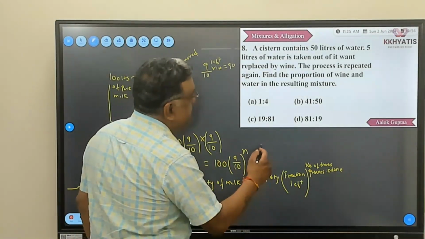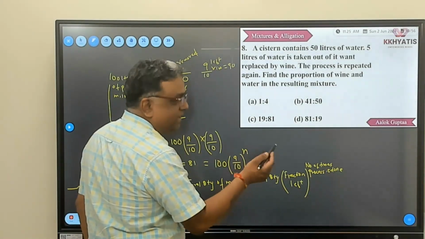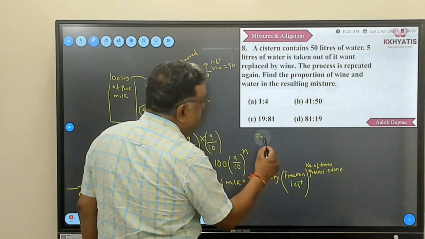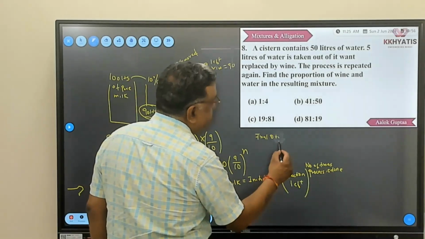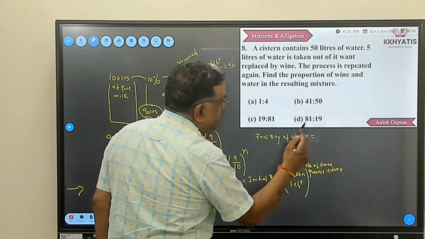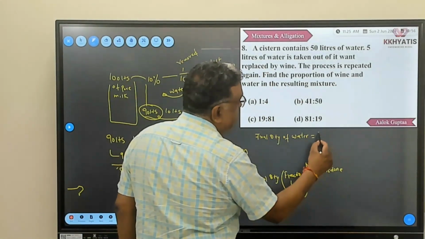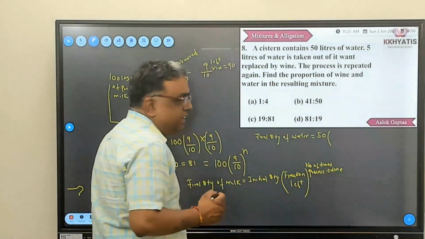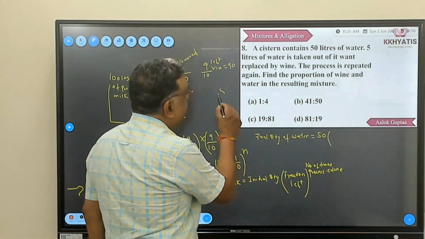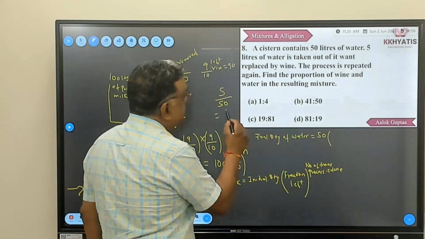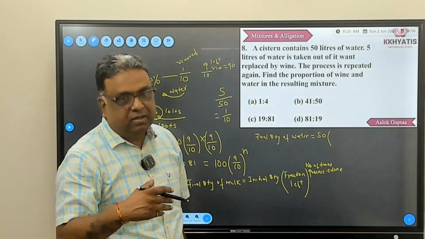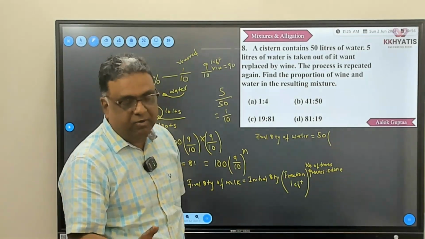I've been asked the proportion of wine and water in the final mixture. So let us first find out the final quantity of water. That is going to be the initial quantity of water, which is 50 liters. After removing 5 liters, 5 divided by 50 is 1 upon 10. So 1/10 of the mixture, or water, is removed.